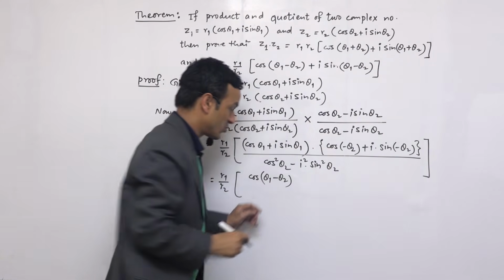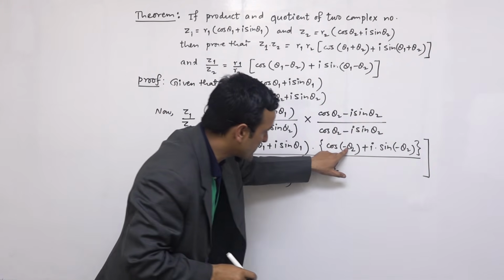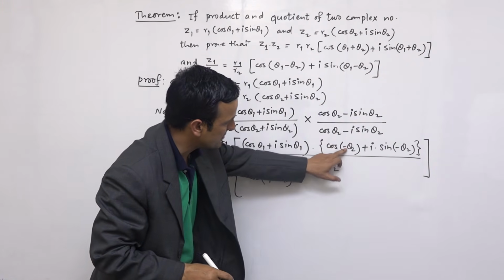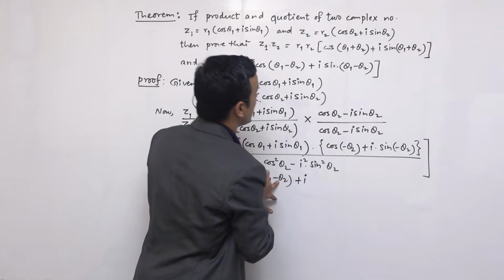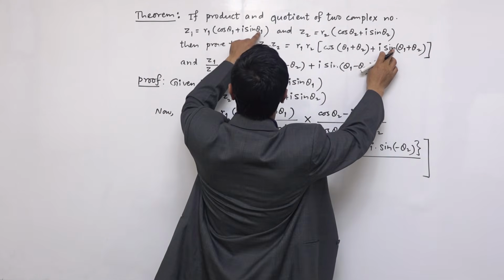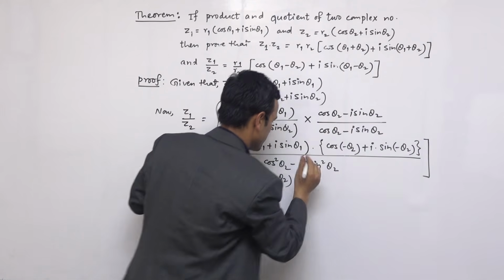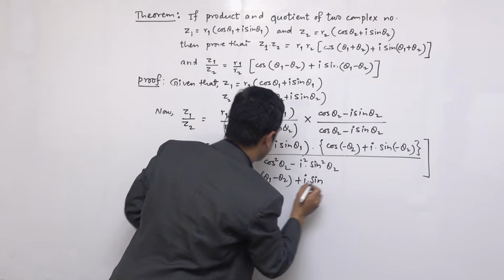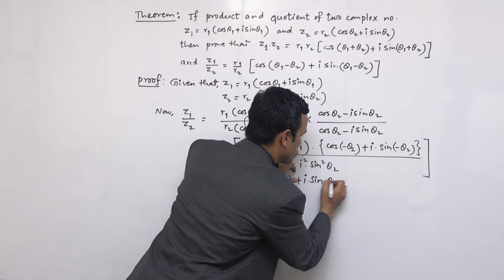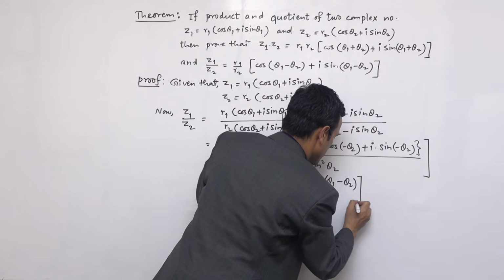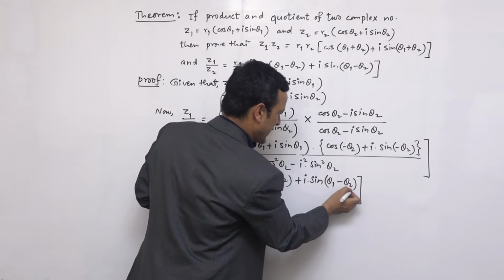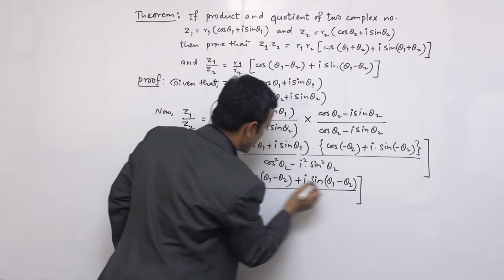Here it is minus, so write down minus. If it were plus here, it would be plus; it is minus, so write minus. Similarly plus i times sin, add theta 1 and theta 2. Similarly here, in the i sin theta 1 place where it should be plus, here it is minus, so write minus.